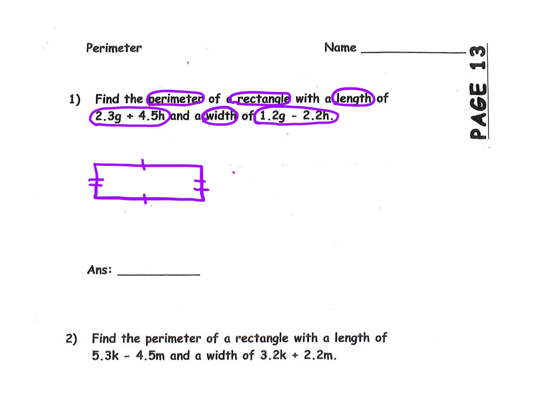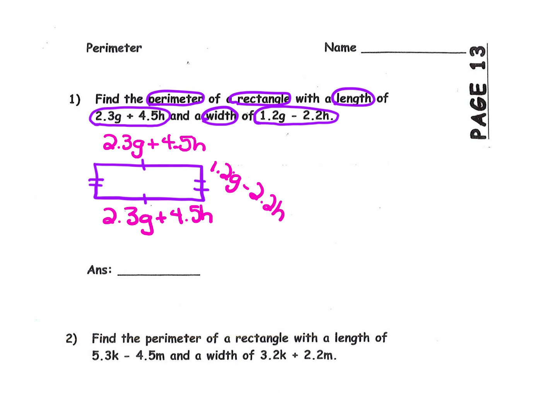We can label the length of this particular rectangle 2.3 g plus 4.5 h. If the top is that size, so is the bottom. The width is 1.2 g minus 2.2 h.